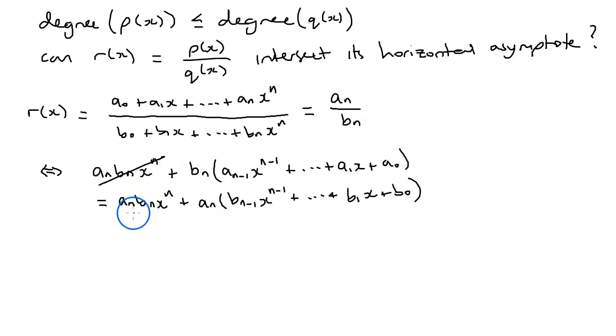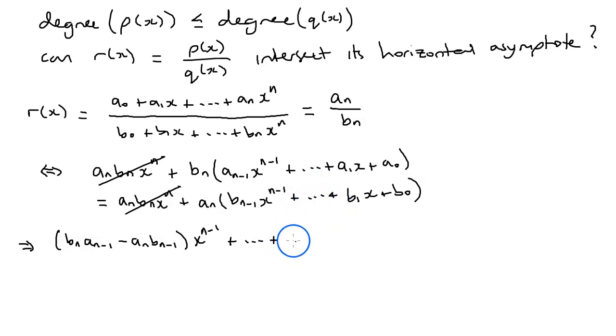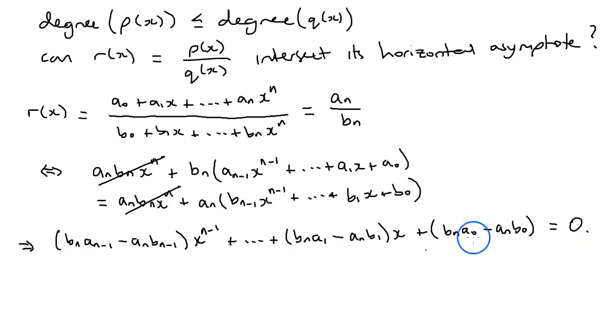And these two terms are going to cancel. And so the values of x which make this equation true are the same as the ones that make (bn an minus 1 minus an bn minus 1) x to the n minus 1 all the way down to (bn a1 minus an b1) times x, and then the last one is bn a0 minus an b0, and that's our constant, and that should equal 0.